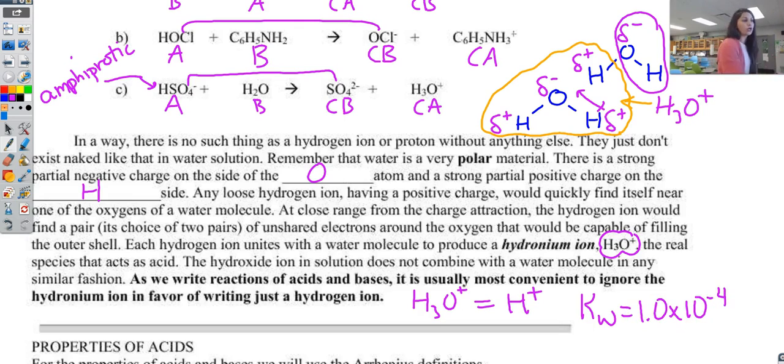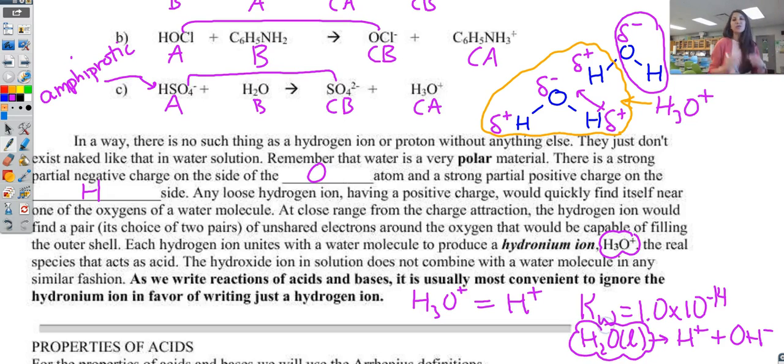And so when we look at our equation for what is Kw, it's the water as a liquid turning into H plus and OH minus, or hydronium and hydroxide. We know that this means that it's products over reactants, that the number really, really favors the reactant side, and the reactant is actually water sticking together as a liquid versus turning into the H plus and the OH minus, or the hydronium ion.